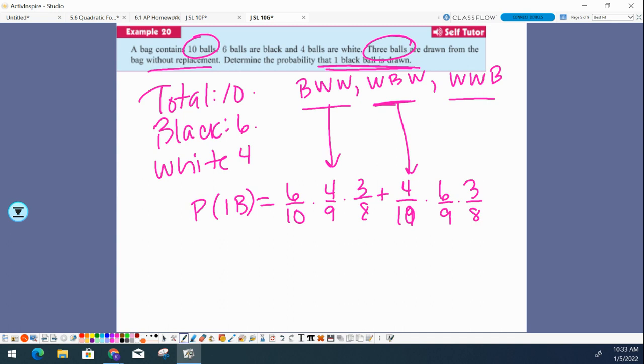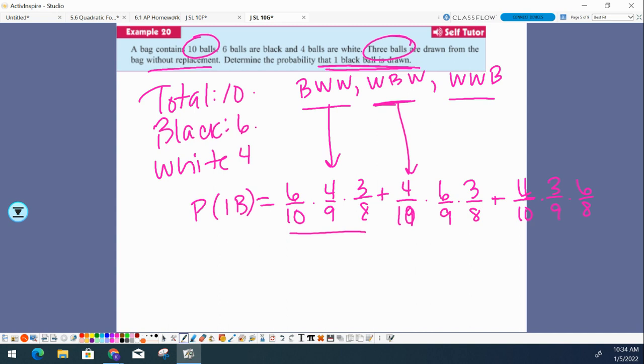This ends up being exactly the same value. Plus, first one is white, 4/10. Second one is white, 3 ninths. And the last one is black, 6 eighths. So technically we could just find the probability of 1 and take it times 3 at the end.